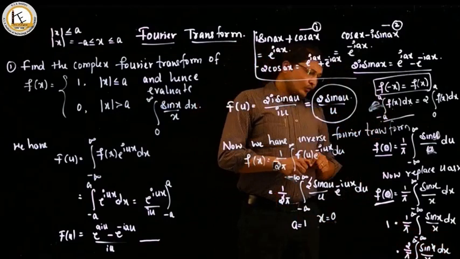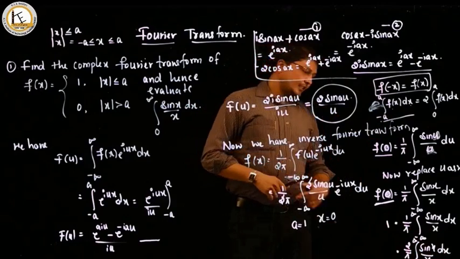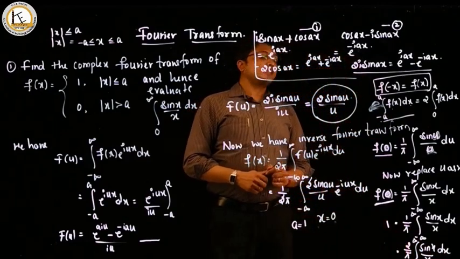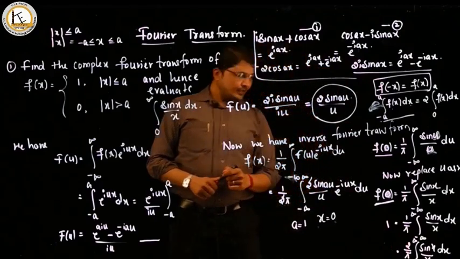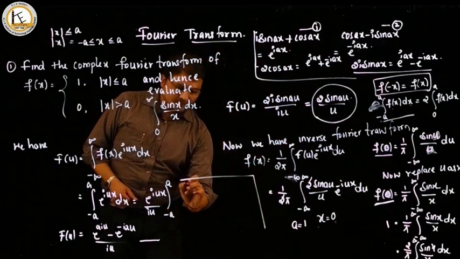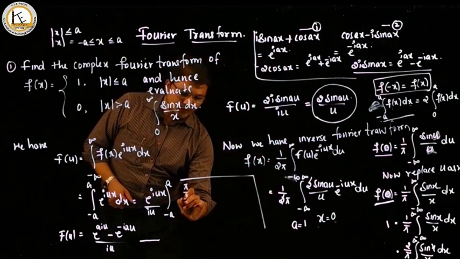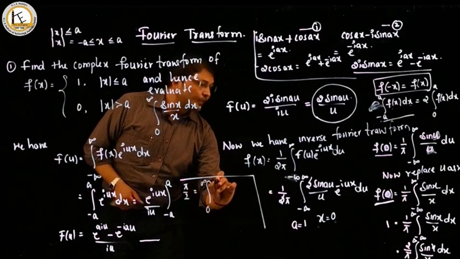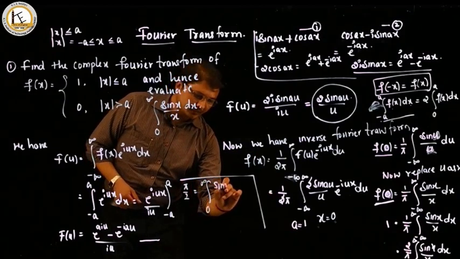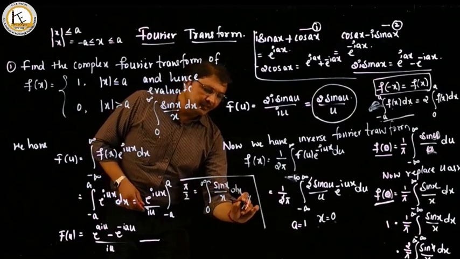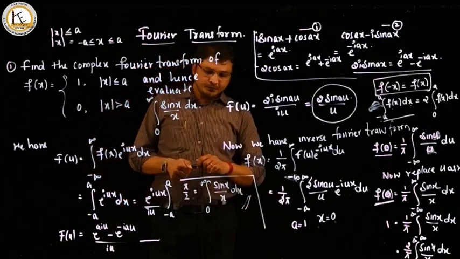So now, taking this 2 upon pi to the other side, the final answer we get is, here I will write, pi by 2 is equal to the integral from 0 to infinity of sin x by x with respect to x. Hence this is the evaluation of the integral.